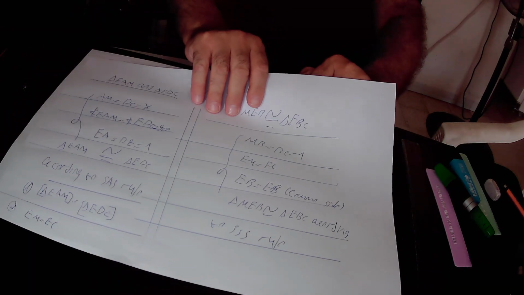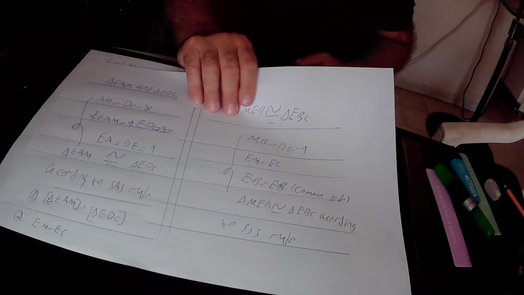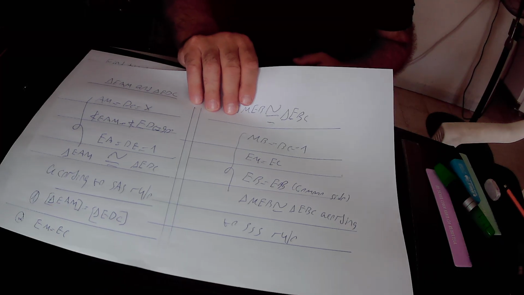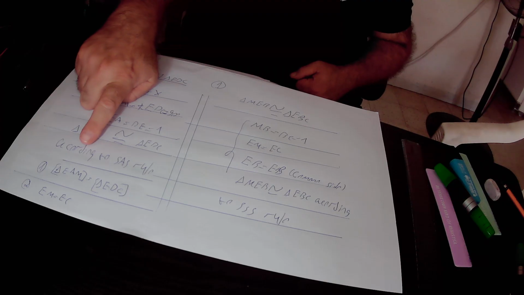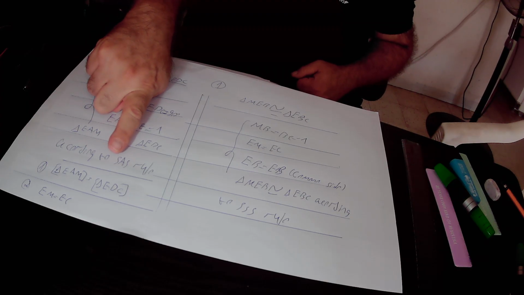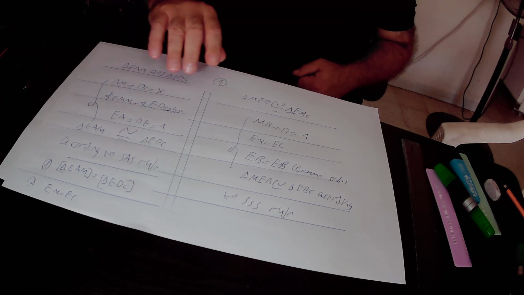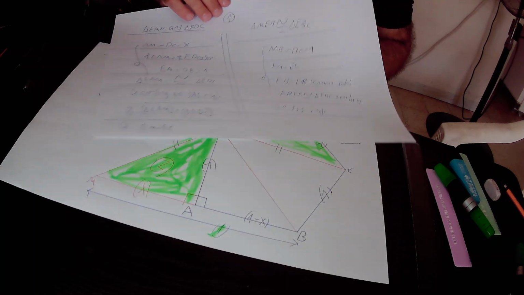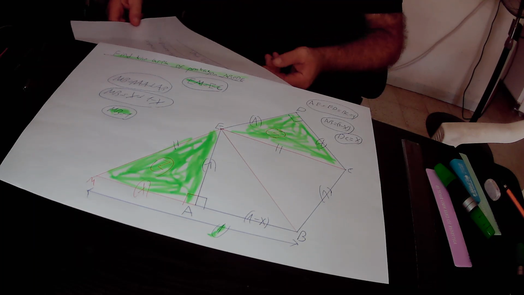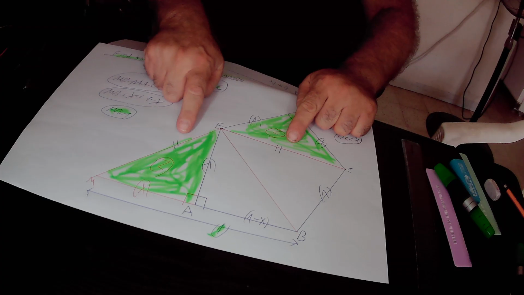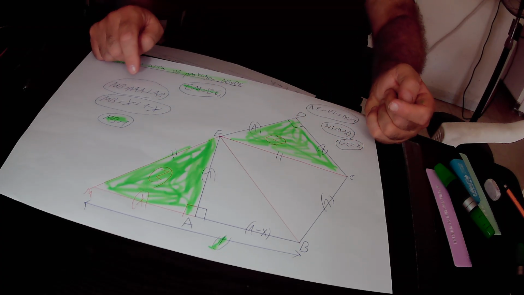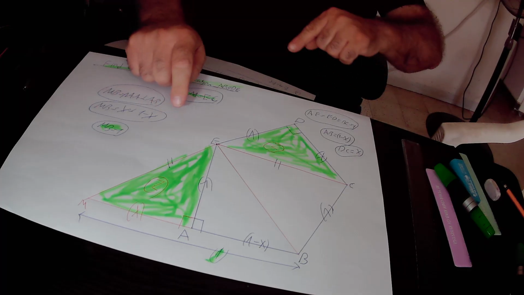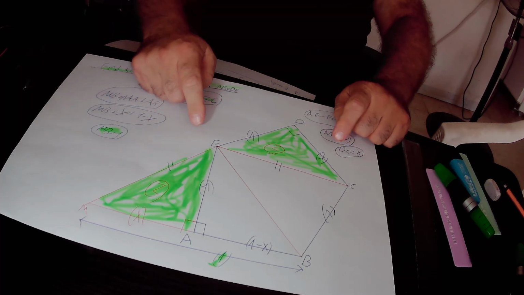Any two triangles that are congruent must also have the same areas. That is to say, the area of the right triangle EAM is equal to the area of the right triangle EDC. And the second thing that we derive is that those two sides are equal to each other. That is to say, ME equals EC.